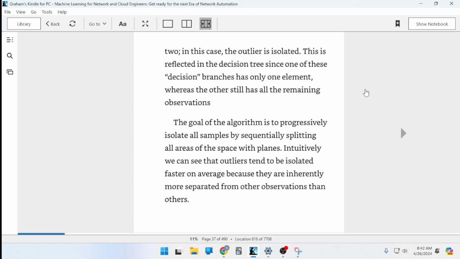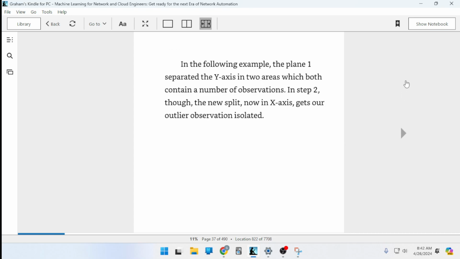The goal of the algorithm is to progressively isolate all samples by sequentially splitting all areas of the space with planes. Intuitively, we can see that outliers tend to be isolated faster on average because they are inherently more separated from other observations than others. In the following example, the plane 1 separated the y-axis in 2 areas, which both contain a number of observations.